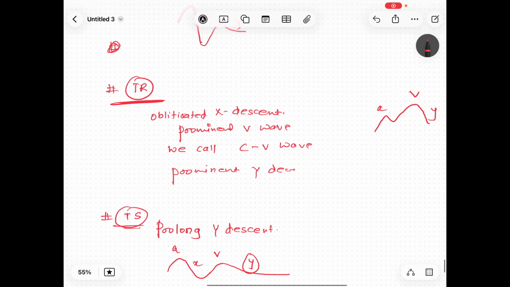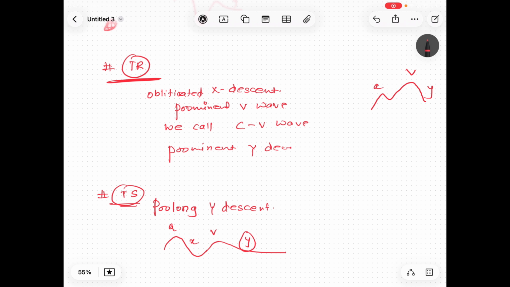Now coming to tricuspid regurgitation. We already discussed the mechanism. There is obliteration of the X descent because of regurgitant flow from the RV to RA, so there is a blunted X descent. After atrial contraction, the next wave is V wave.